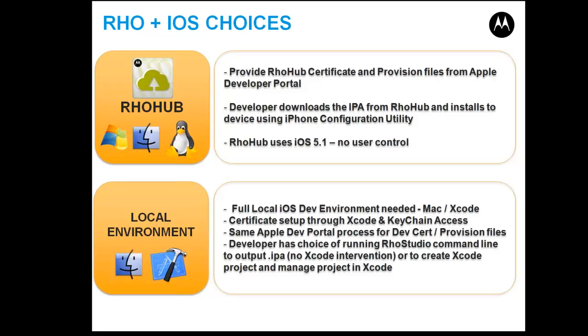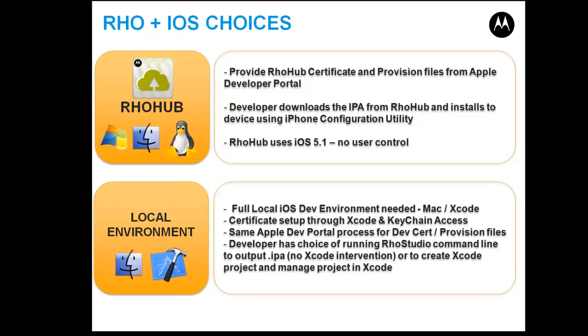Okay, so let's talk about some choices here for actually building for iOS. So one choice you have, and this is what I'm going to spend most of my time in this demonstration, is RhoHub, right? So if you want to build for iOS natively, you need a Mac, you need to set up Xcode, all that, blah, blah, blah. So as you know, with RhoHub, this builds applications in the cloud for all the platforms that we support, right?